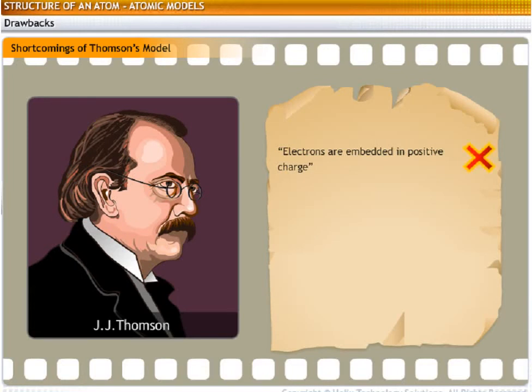This turned out to be incorrect. Thomson had explained that the positive charge spread through the atom held the negatively charged electrons due to electrical forces. This assumption failed to explain many experimental observations made by other scientists.